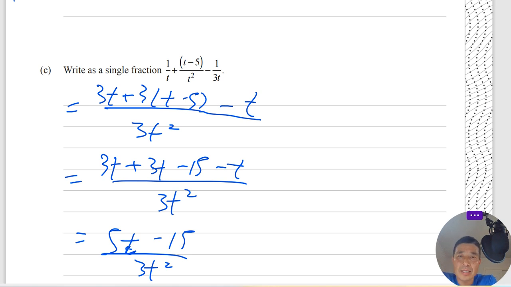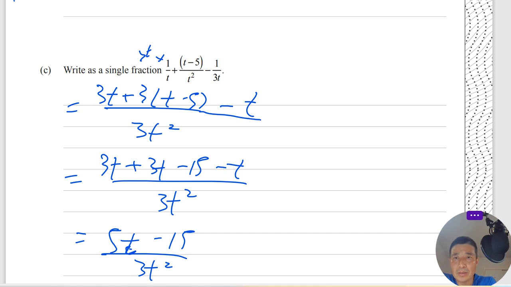So, single fraction. What I did here, I found the lowest common multiple of t squared and 3t, which is 3t squared. To match that, the first fraction you have to multiply by 3t, and the second fraction multiply by 3, because it's t squared.